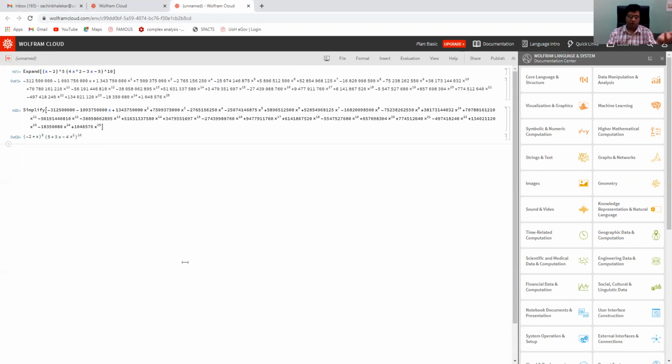We can factorize polynomials. Let us see the factorization of x raised to 10 minus 1. Okay, this is the factorization. There are so many related things which can be seen in the Wolfram documentation.